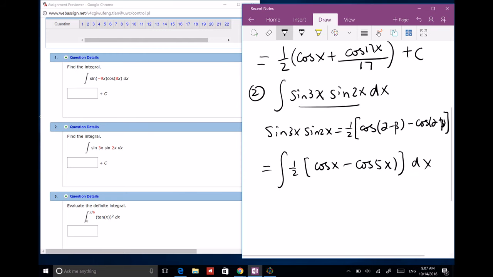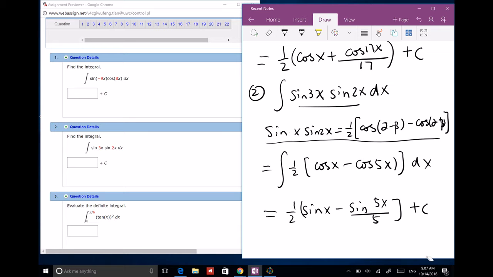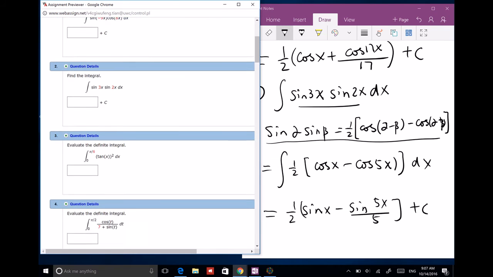Use the antiderivative formula, so it's half of sine x minus sine 5x over 5. Does that make sense, everyone? Pretty simple, right? The only thing is, I should not have used 3x, it's alpha and beta, because the formula is alpha and beta. You need to know these trigonometry formulas.